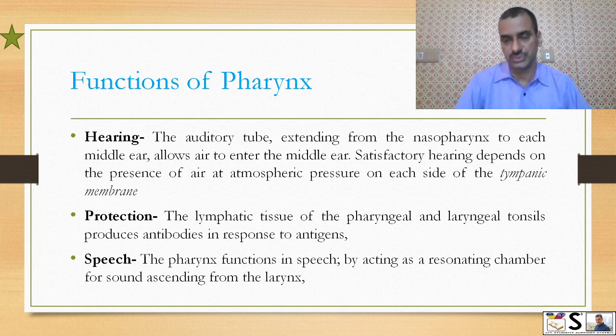The lymphoid tissue of the pharyngeal tonsils produces antibodies in response to antigens and becomes our line of defense against bacterial or viral invasion. Speech. The pharynx functions in speech by acting as the resonating chamber for sound which is produced by the larynx.